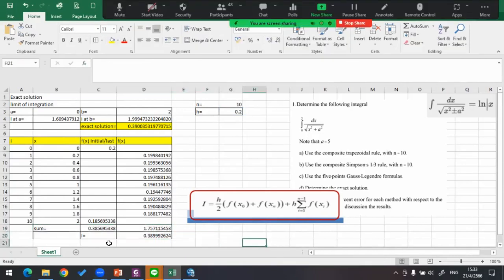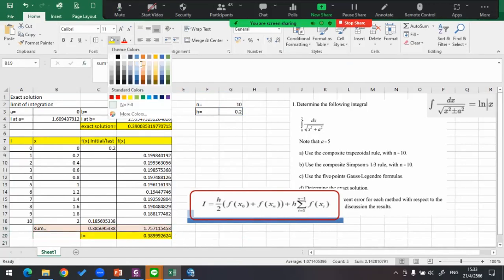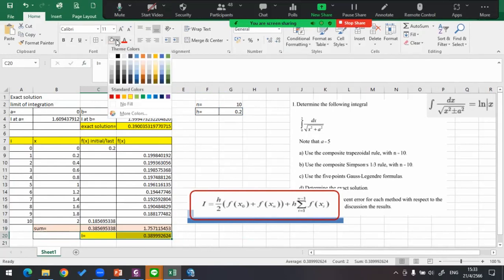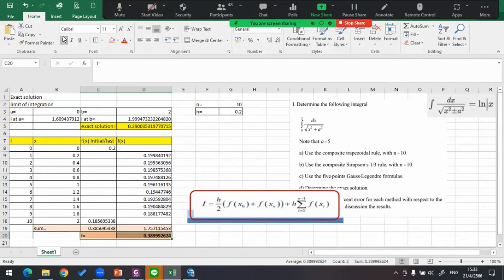Okay, so now we have already finished the trapezoidal rule. Are you all right? This is the result. Okay, now we have the result from the trapezoidal rule already.